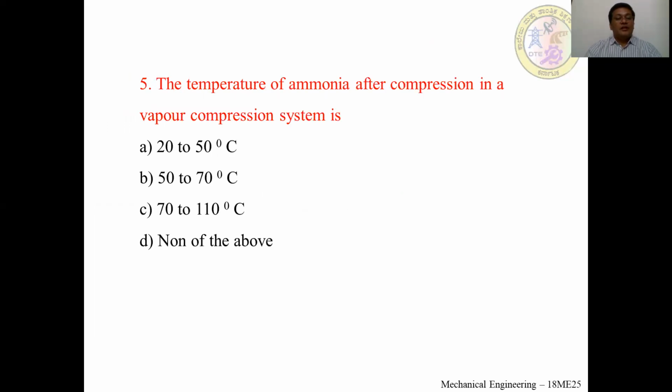And the last question: the temperature of ammonia after compression in the vapor compression system lies between: first option 20 to 50 degrees Celsius, second option 50 to 70, third option 70 to 110 degrees Celsius, and last option none of the above. The right answer is that the temperature of the refrigerant after compression in the compressor lies between 70 to 110 degrees Celsius.